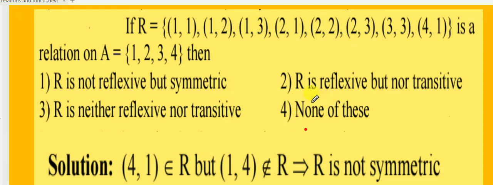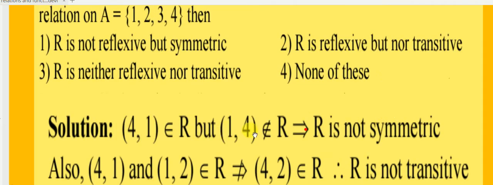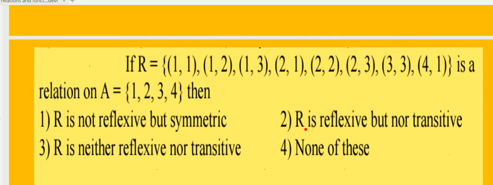Next, R is reflexive. So this option is wrong now because R is not reflexive. We have seen that. R is neither reflexive nor transitive. So let us see whether it is transitive or not, so that we can conclude the answer. We have 4 related to 1 here. 4 is related to 1 and 1 is related to 2 here.